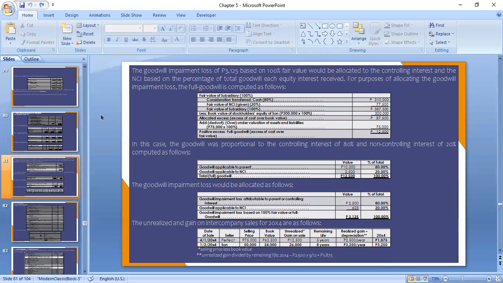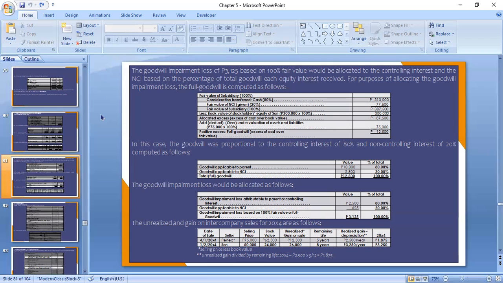However, we have the amount of 75,000, which is the undervaluation of assets and liabilities at 75% of 100, or 75,000 times 100%.